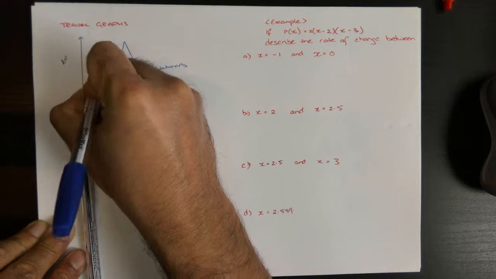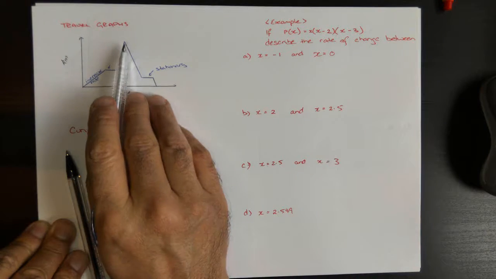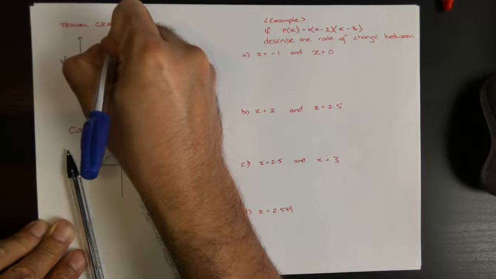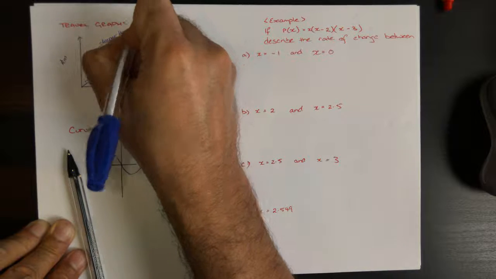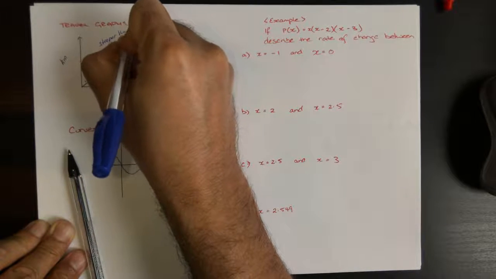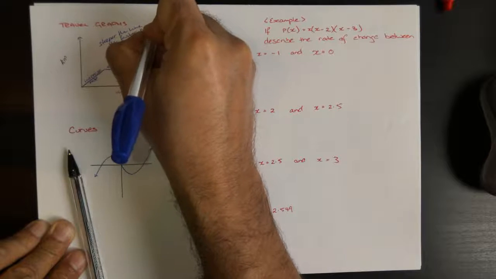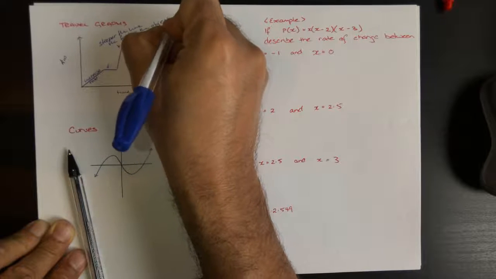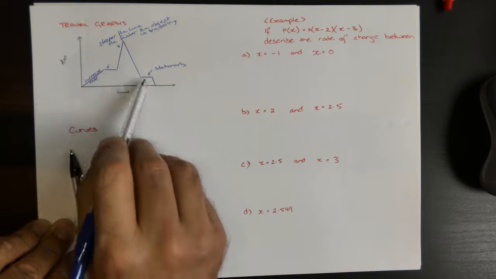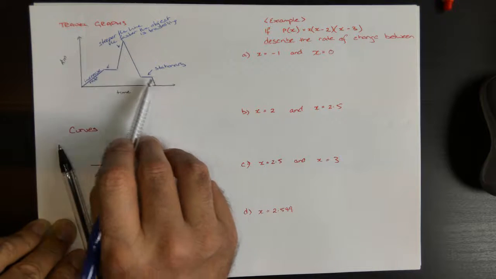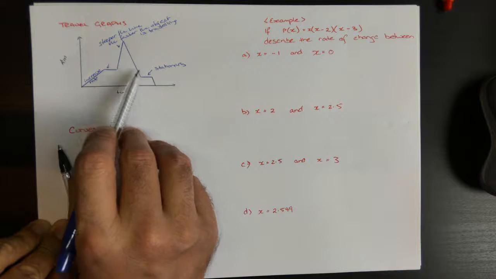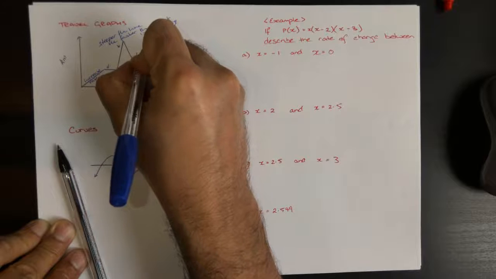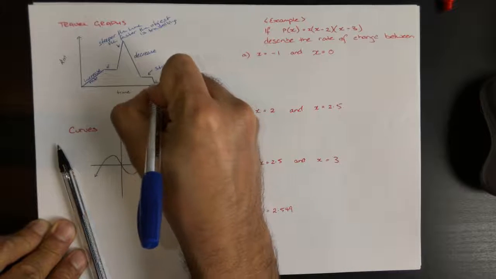The steeper the line, the faster the object is traveling. If it's going down, it's decreasing, and it's the same thing. So if it was a rapid decrease, it's traveling faster. If it's flatter, it's traveling slower. So this is a decrease, and this is a rapid decrease.